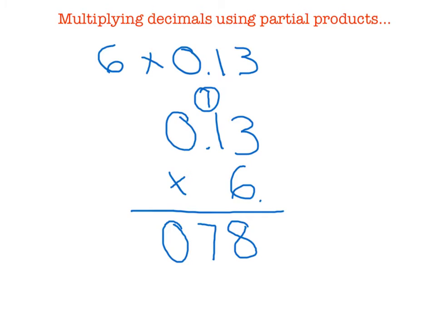Now we need to figure out where the decimal point goes in our answer. To do that, we have to go back to our original numbers and count how many numbers come after the decimal point. In the first number, we have 2 numbers after the decimal point. In this number, there are no numbers after the decimal point.